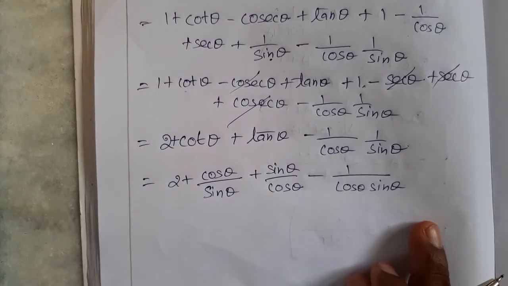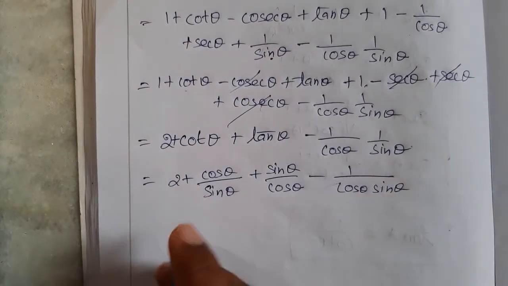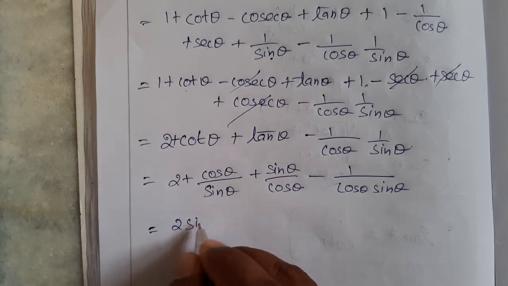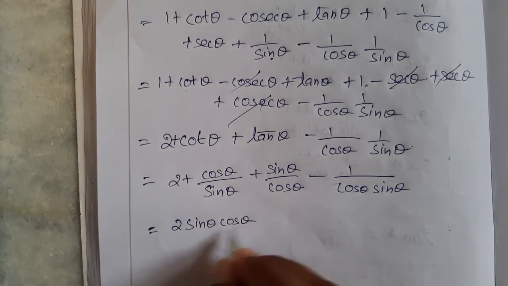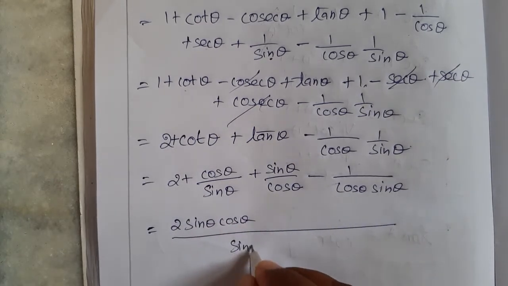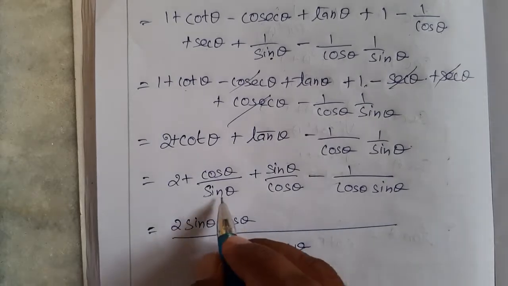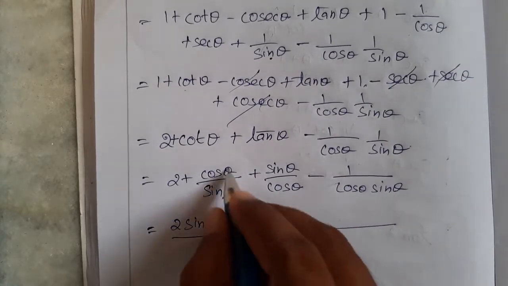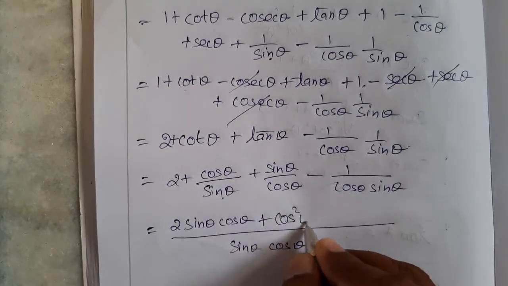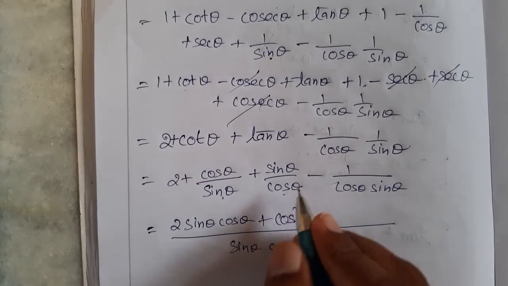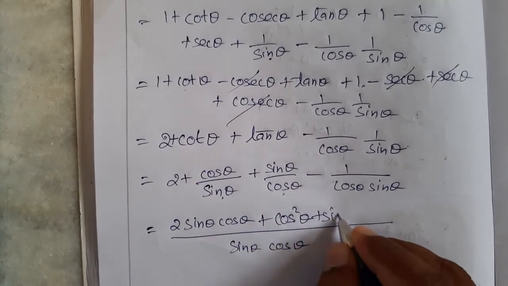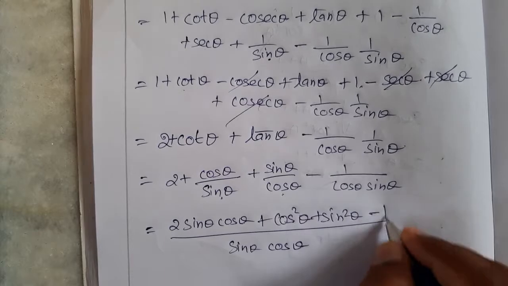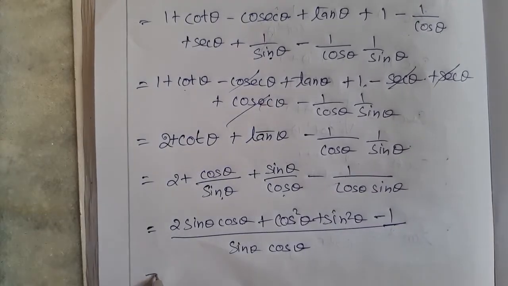LCM will be sin theta into cos theta, right? So here it will be multiplied as 2 into sin theta cos theta, since LCM is sin theta cos theta. Since sin theta is the denominator, we add cos square theta in the numerator. Cos theta is in the denominator, so in the numerator we add sin square theta. Here we just get a minus 1.